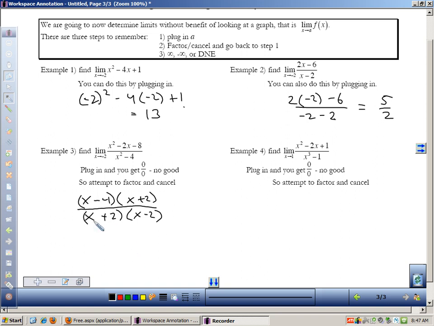And now we can cancel, and this is x minus 4 over x minus 2. Now if we plug in -2, we don't get a problem. So we get -2 minus 4 over -2 minus 2. So we get -6 over -4, which equals 3/2. So our limit here is 3/2.